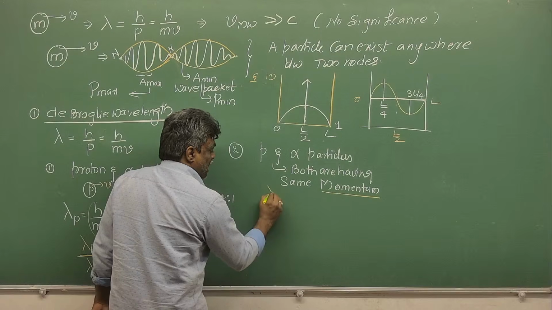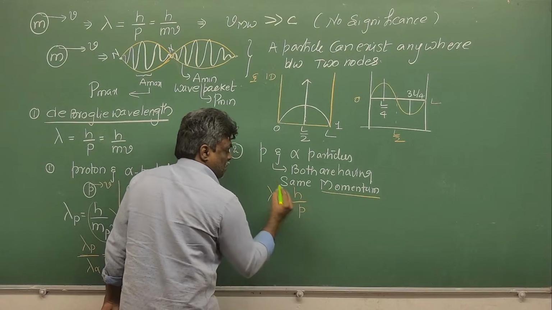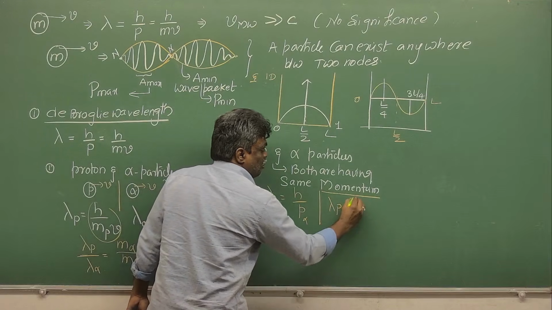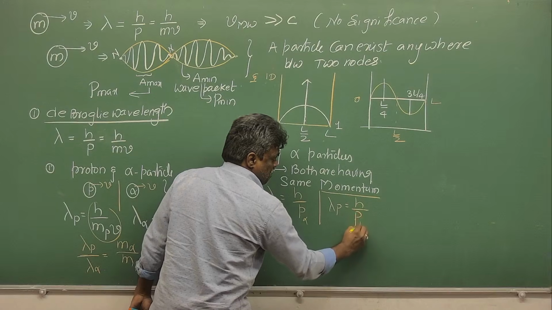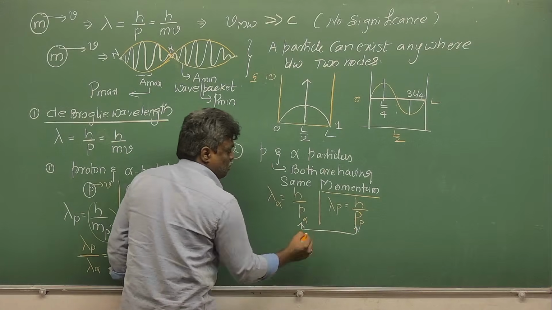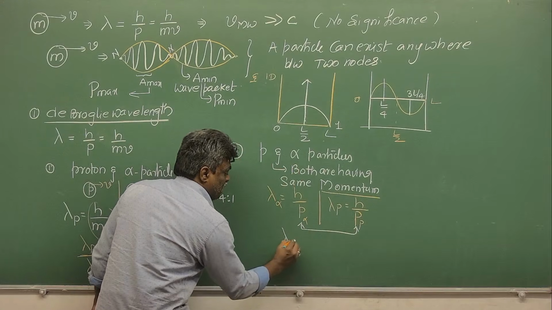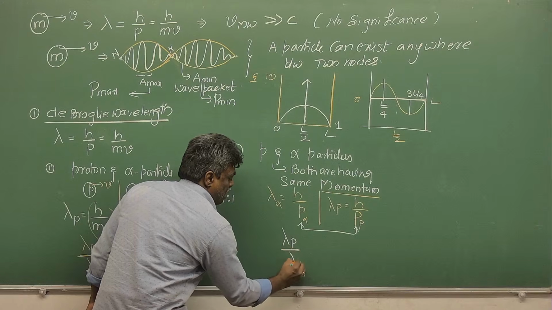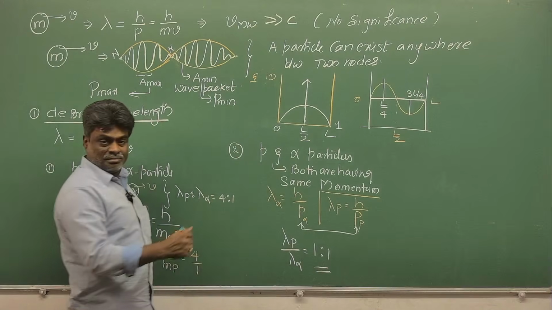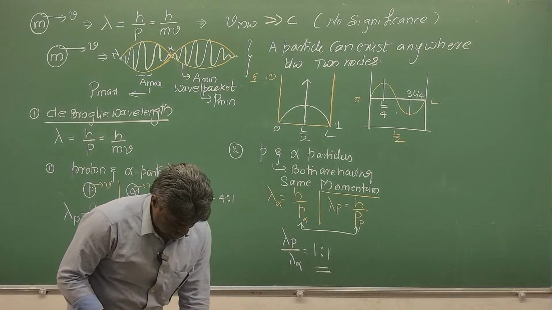That's why lambda is equal to h by p. Lambda of alpha is h by p alpha, lambda of proton is h by pp. So proton momentum and alpha momentum both are the same. That's why lambda proton by lambda alpha equals 1:1. Is that clear? Next question.